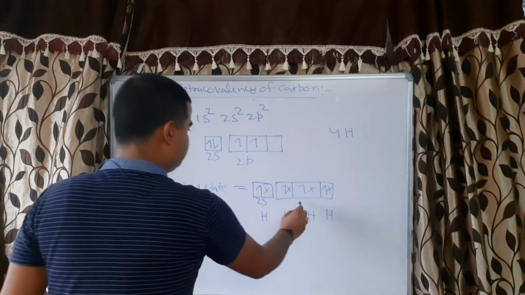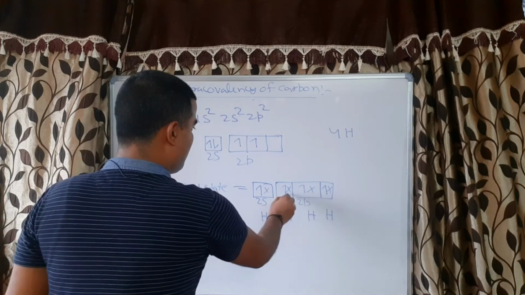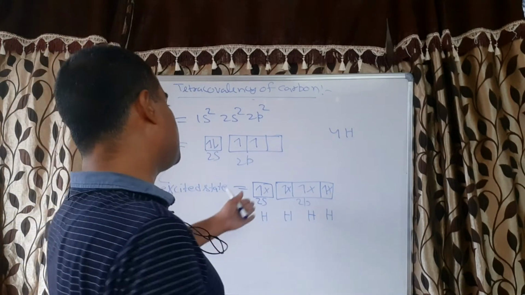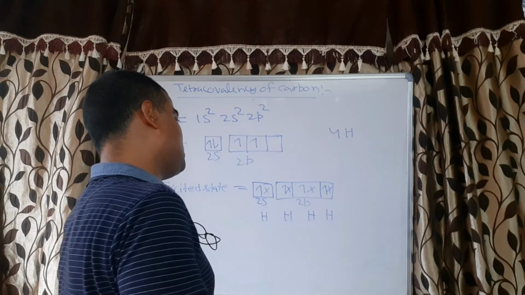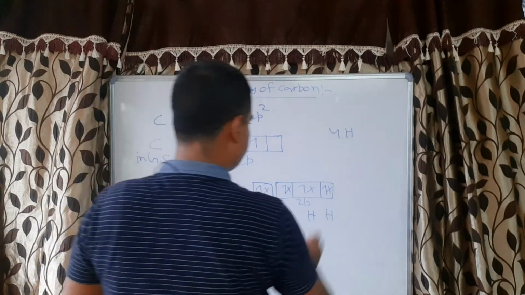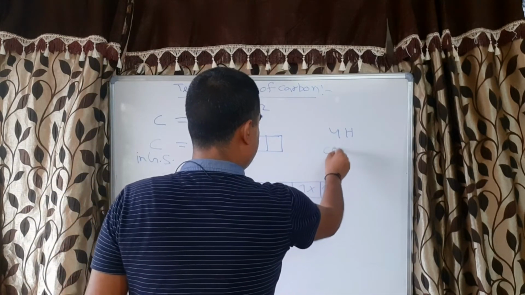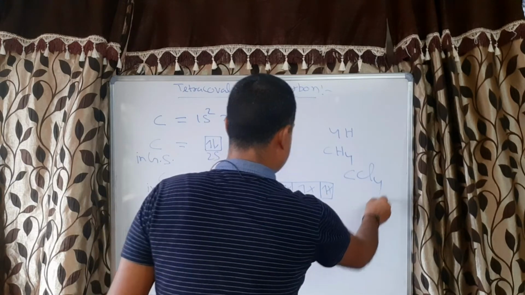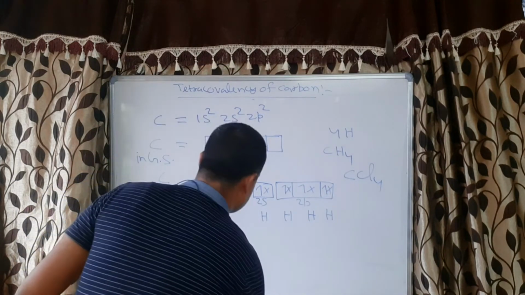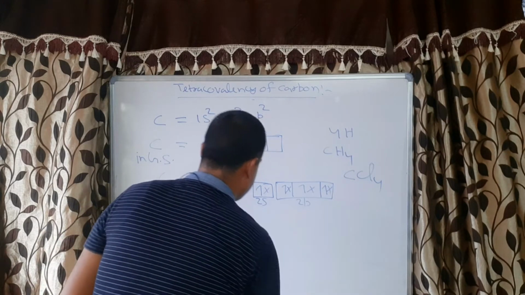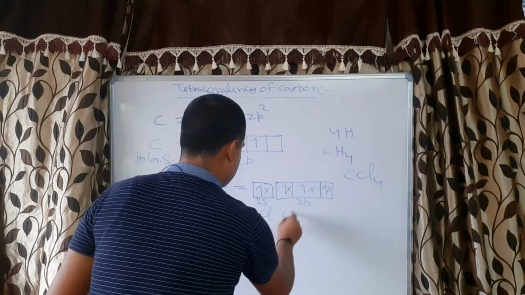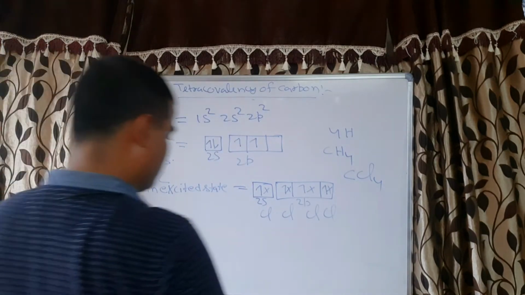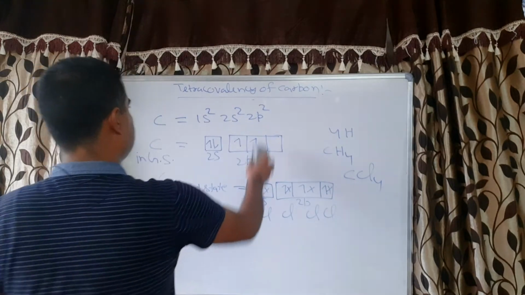Now it will have 2, 4, 6, 8 electrons in the valency shell. It means it is completing its octet. In the same way, here we have taken the example of CH4. If we take the example of CCl4, then in place of hydrogen there will be chlorine, chlorine, chlorine, chlorine.